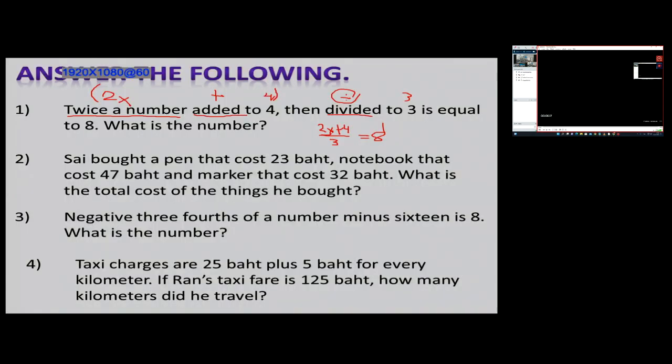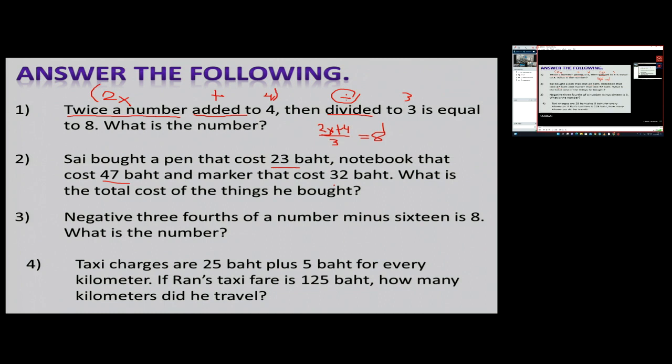Now let's have this second question. It says here that Sai bought a pen that cost 23 baht, a notebook that cost 47 baht, and a marker that cost 32 baht. What is the total cost of the things he bought? Now, the word here is total. If it's total, what operation? Okay, addition. So, plus. So you will have 23 plus 47 plus 32, which is equal to x.